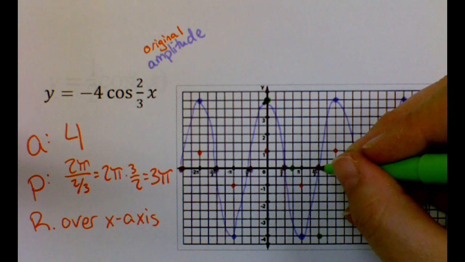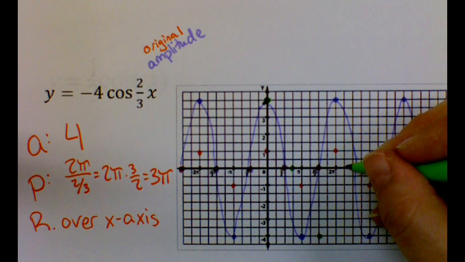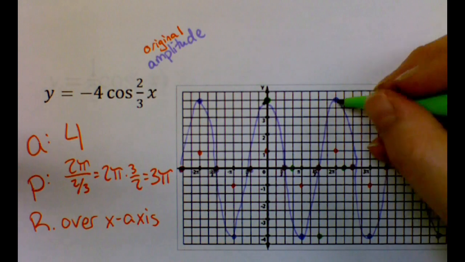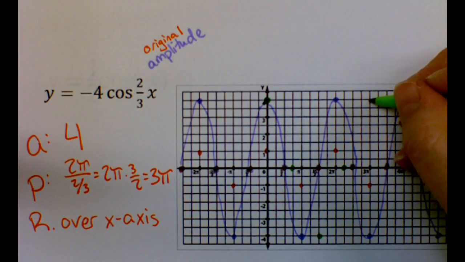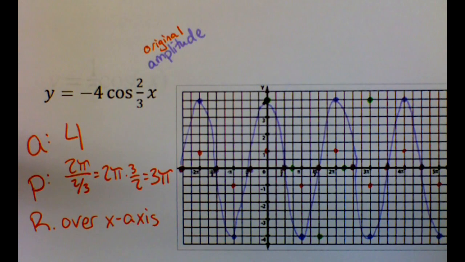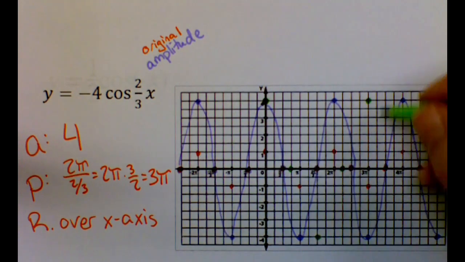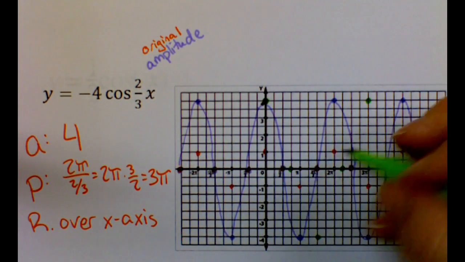3 pi over 2 divided by 2/3 is 9 pi over 4, which is right here. 2 pi divided by 2/3 is 3 pi. And now I can kind of see my pattern.